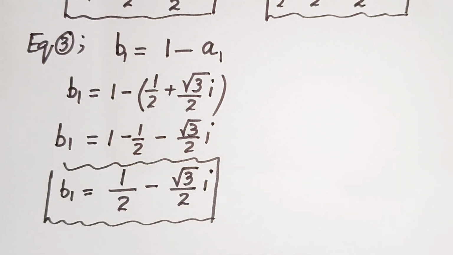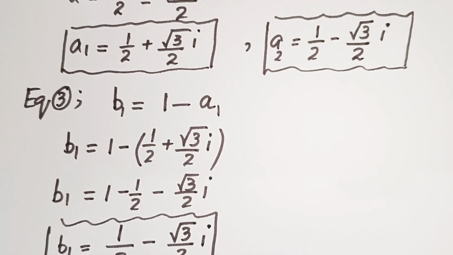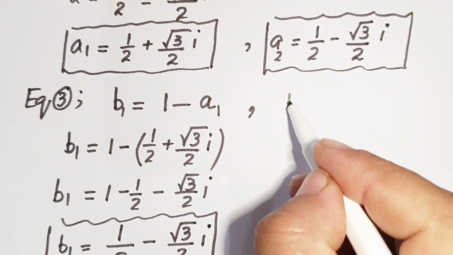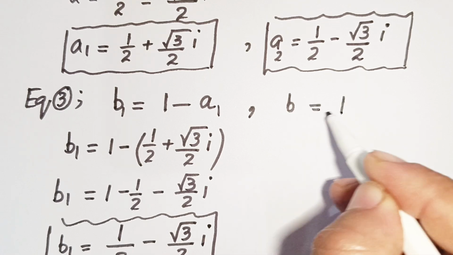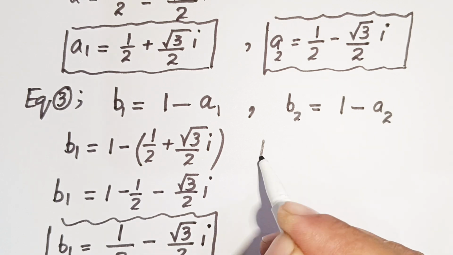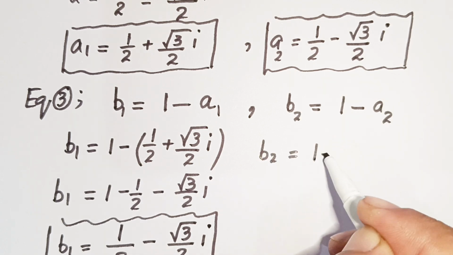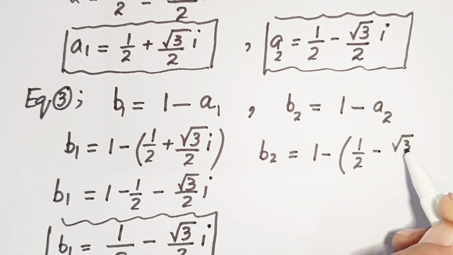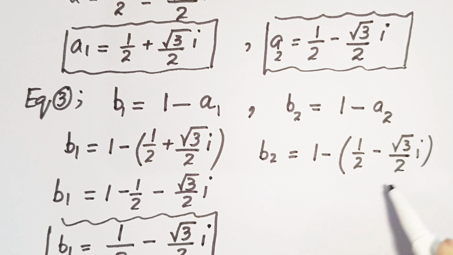Now for finding b2, we have to put this a2 in equation number 3. So our equation 3 is b is equal to 1 minus a, so it is a2, it will be b2. So b2 is equal to 1 minus a2, that is 1 over 2 minus square root of 3 over 2 i.